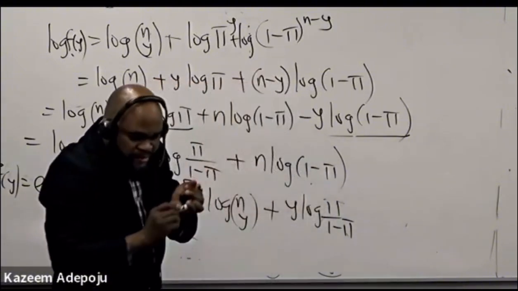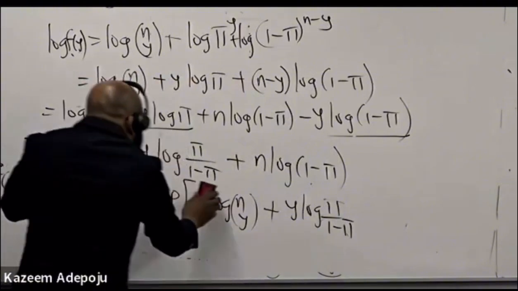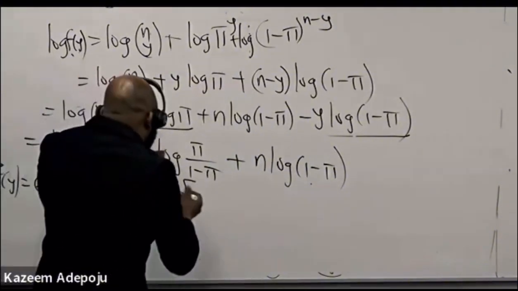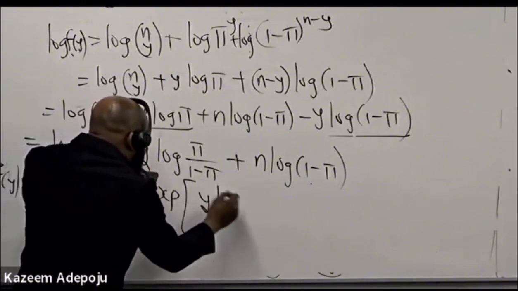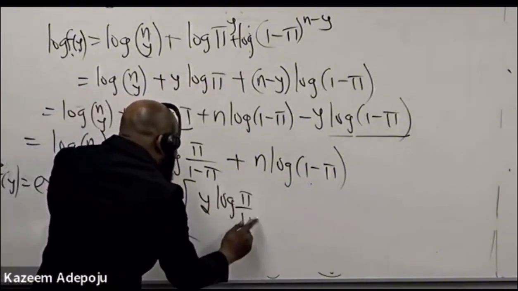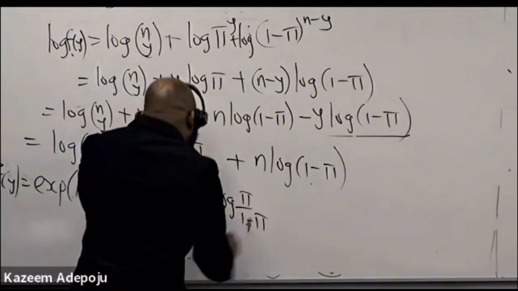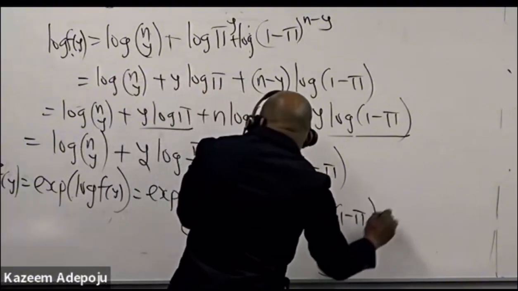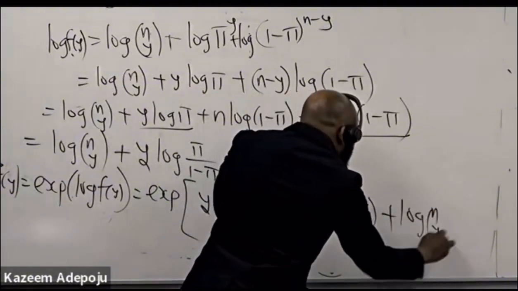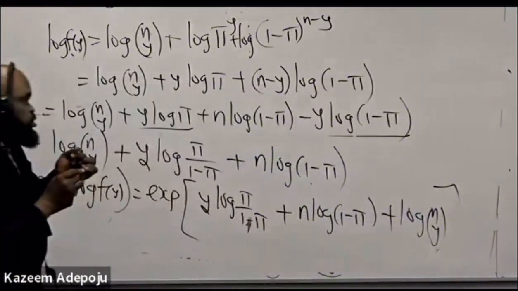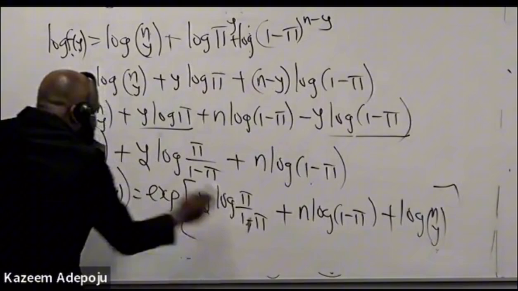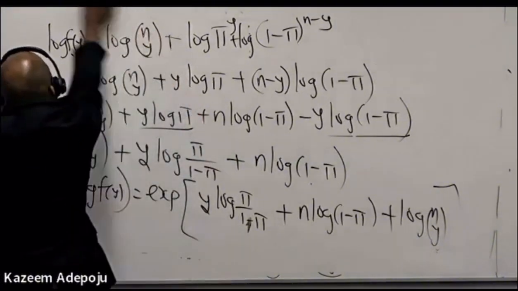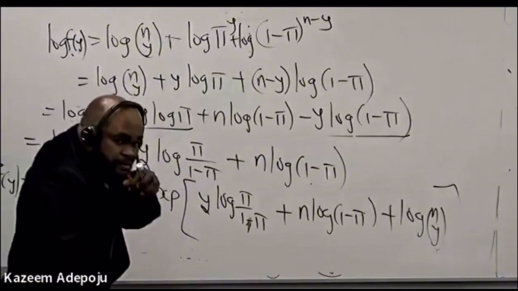And if I'm going to rewrite this in an exponential family form, I'm going to start with this, y log pi over 1 minus pi, this one first, plus n log 1 minus pi plus log of this. If you take a look at this, I want you to compare this. Please pay attention. I want you to compare that with this guy.